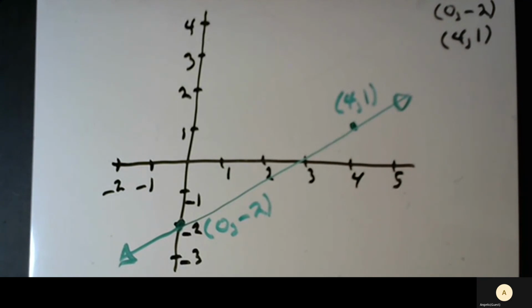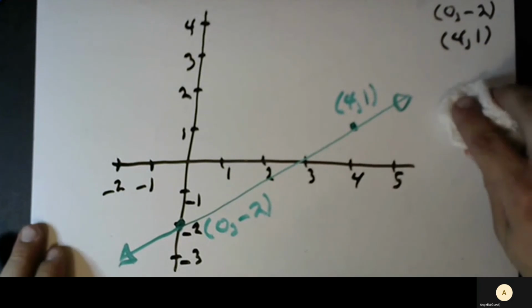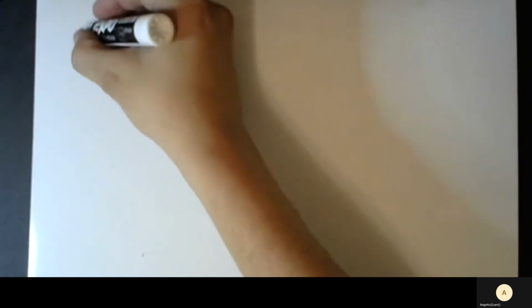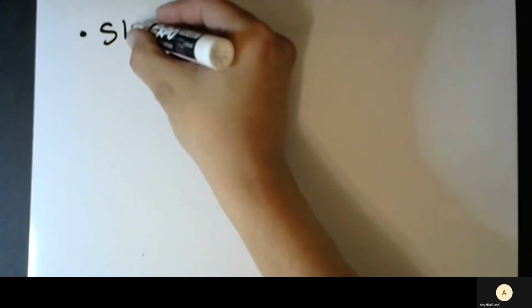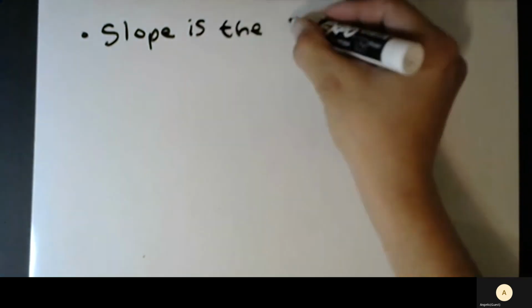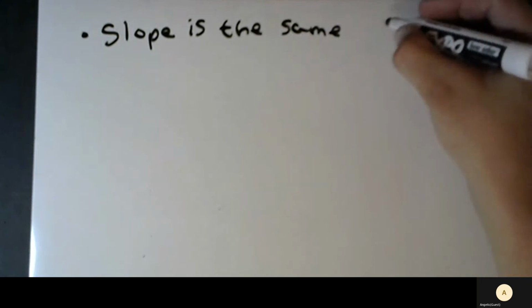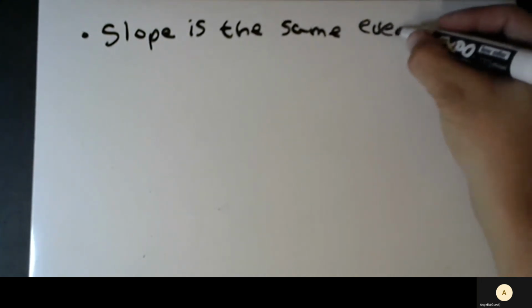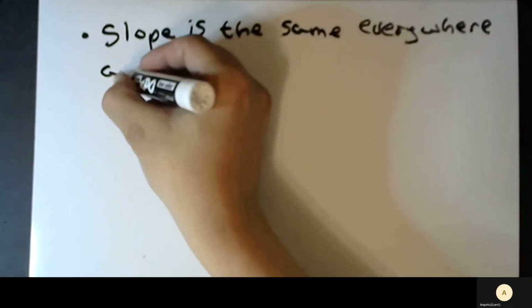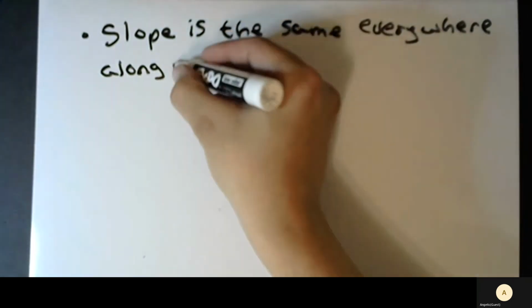So the last thing to mention is to compute slope using points. There's another way you can think of the slope. First off, slope is the same everywhere along a line.